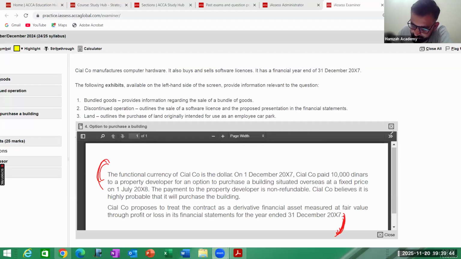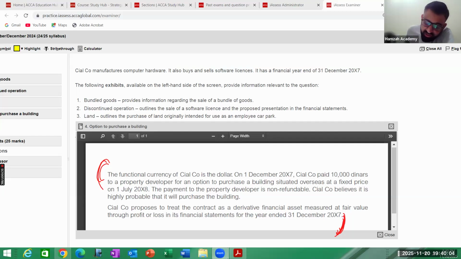Okay, then tell me, which of the standards are relevant to discuss this case study?